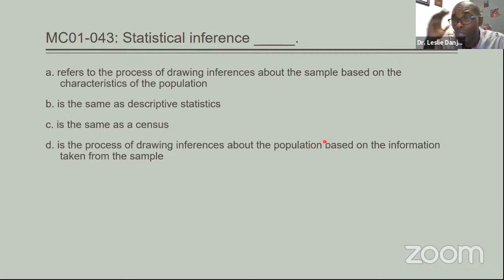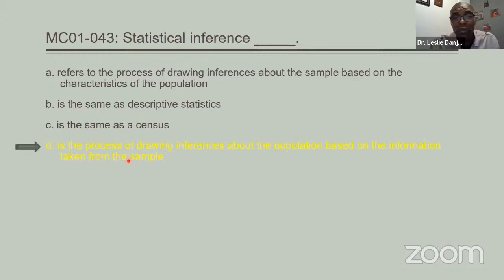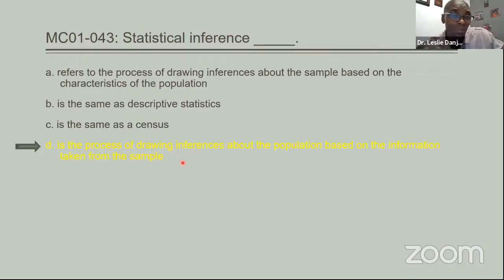You're trying to figure out what's going on in this population based on information taken from the sample. In business statistics, that is what we're doing. We're using sample data to always understand the population parameters. Why? Because population data is ridiculous to get. But it's much easier to get sample data to understand the population.